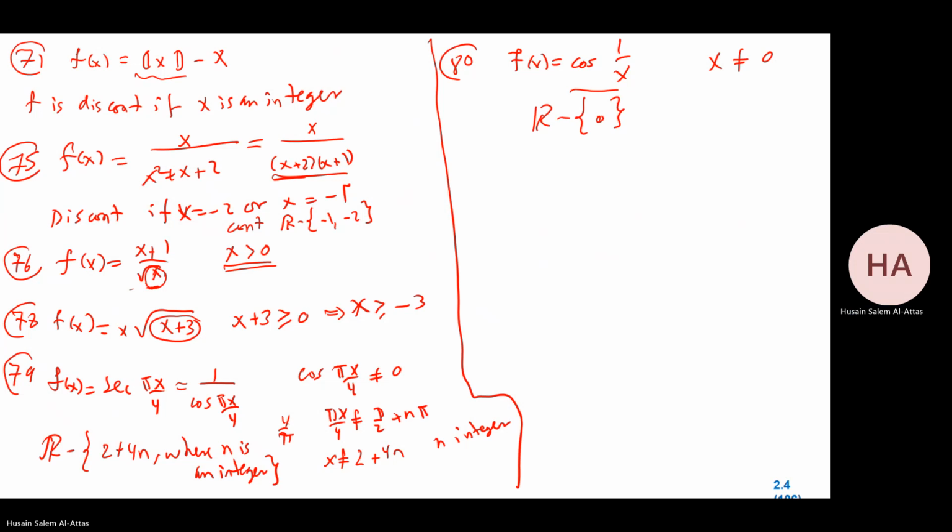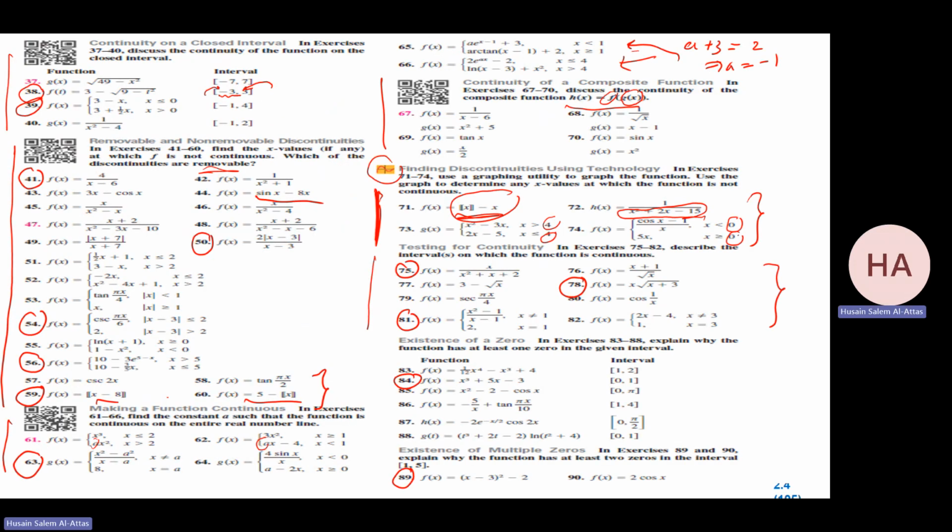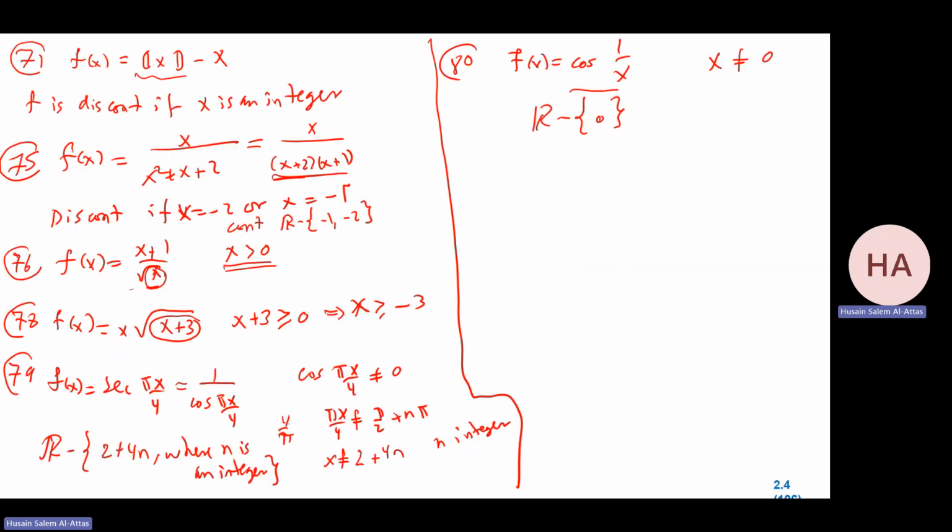81, when we are done. Yeah, 81, just a piecewise function. f of x equal x squared minus 1 over x minus 1, where x not equal to 1, and 2 if x equal 1.